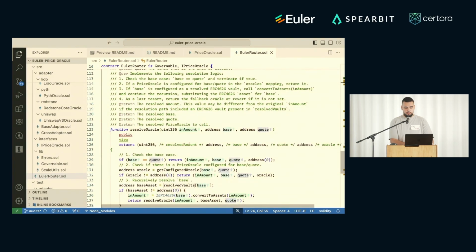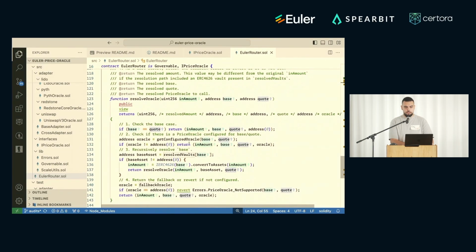So this is the resolution logic. Trivial case, if base equals quote, we can just return the in amount. Then if there's a direct configuration by the governor for base and quote, we can just use that oracle.